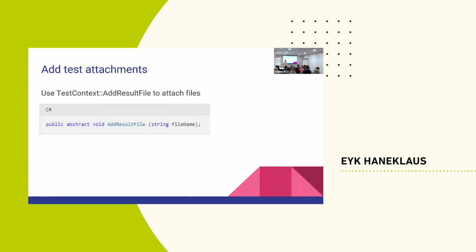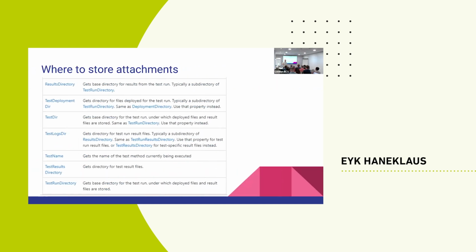Most likely you will want to add attachments to your tests. There's a simple API in C# called AddResultFile. Very straightforward, just pass in the path and your file should be attached. But the documentation recommends the following directories.